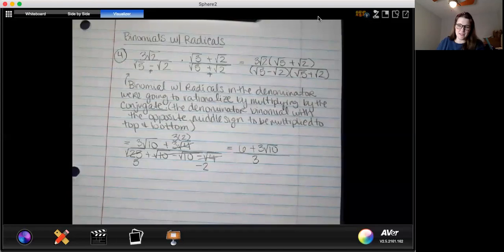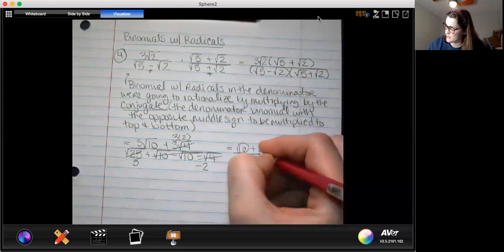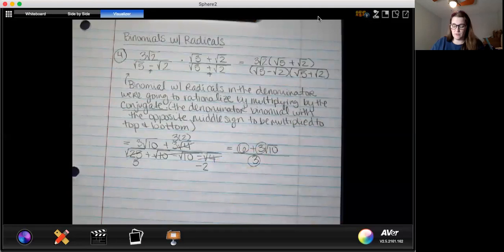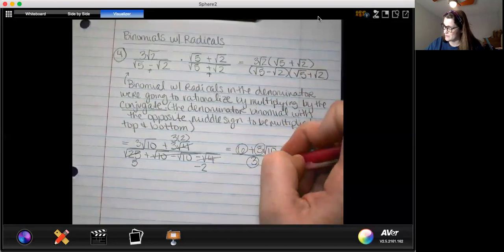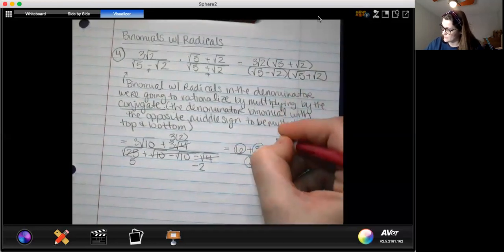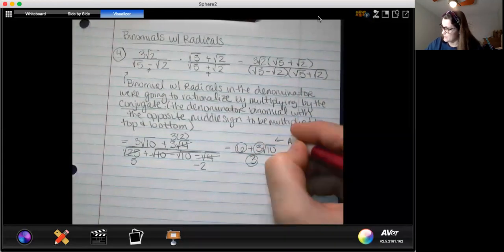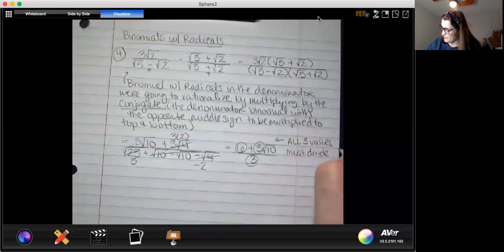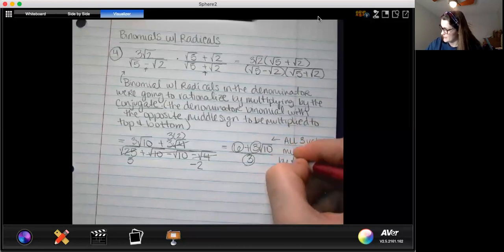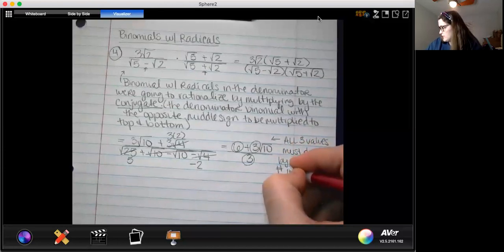Okay, so now we have this answer, but we can simplify it. It simplifies because the 6, the 3, and the other 3 share a common factor. In order to simplify an answer like this, all 3 values must divide by the same number.